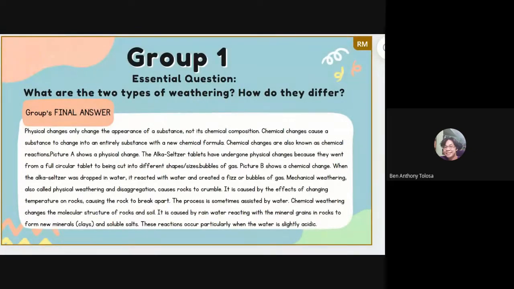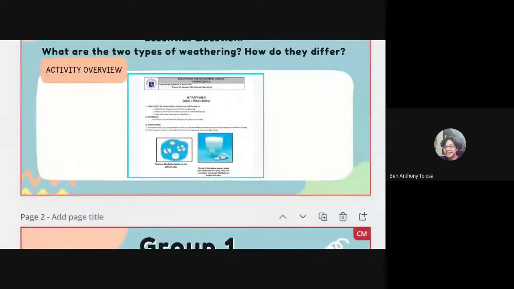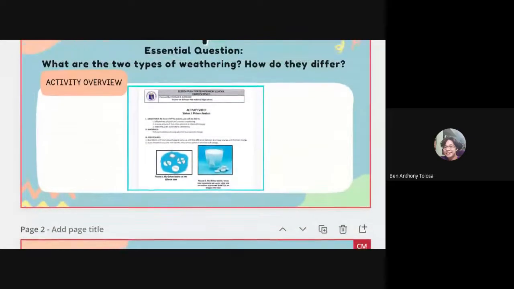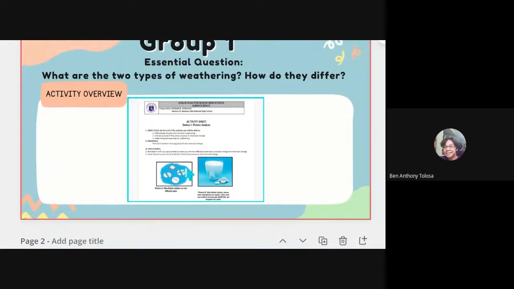And picture A shows the physical change. It is also called physical weathering, while the second picture, picture B, shows the chemical weathering.